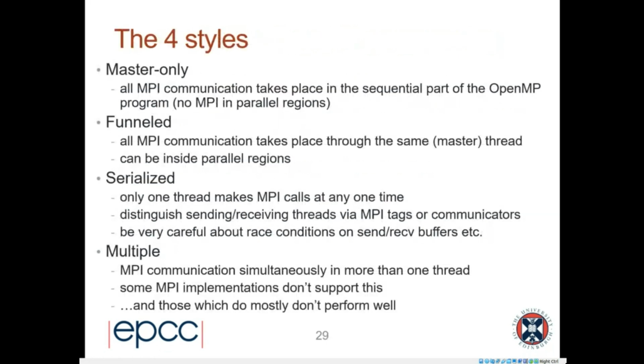And so it identifies 4 styles. Master only: all MPI communications takes place in the sequential part of the OpenMP program, no MPI in parallel regions. This is the simplest style and actually relatively effective. So if I took the OpenMP directives from the OpenMP code and stuck them in the MPI code, I would have a master only.